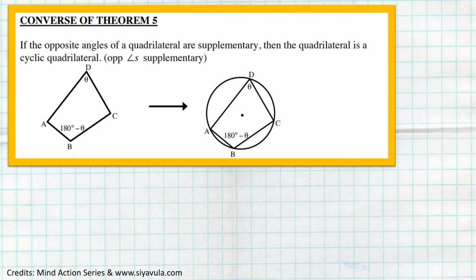And how do we think about it? The converse theorem states that if opposite angles of a quadrilateral are supplementary, it's sort of like a reverse now.